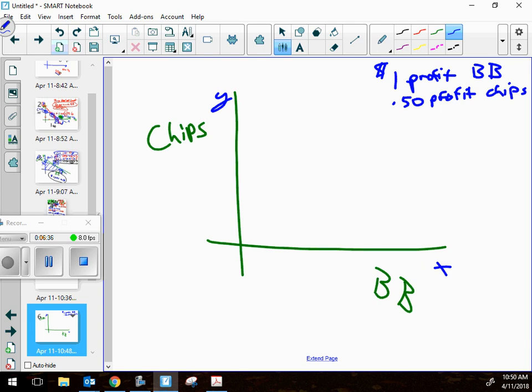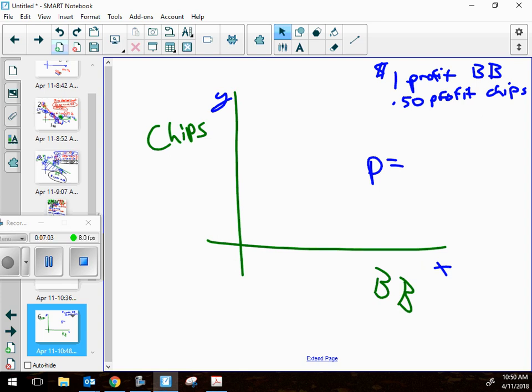I want you to write me a profit function for the Cove. It's not that complicated. It just involves X and Y and the numbers we just said. The profit function for the stuff they sell at the Cove, the chips and the banana bread. They don't tell us everything.